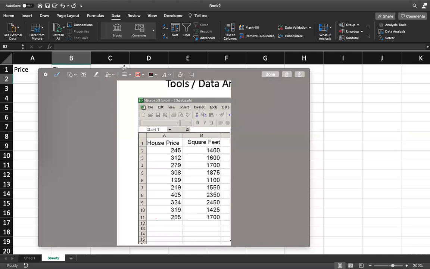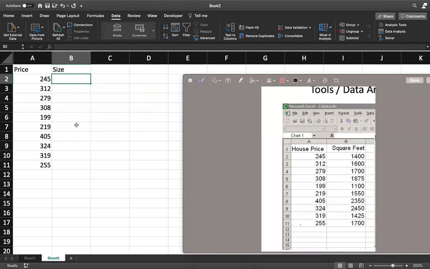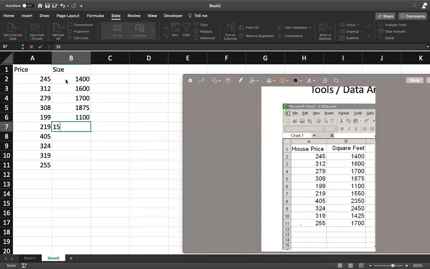Okay, so we have that, and then we can look at the size, which is our x, right? So we have 1400, 1600, 1700, 1875, 1100, 1550, 2350, 1425, and then 1700.